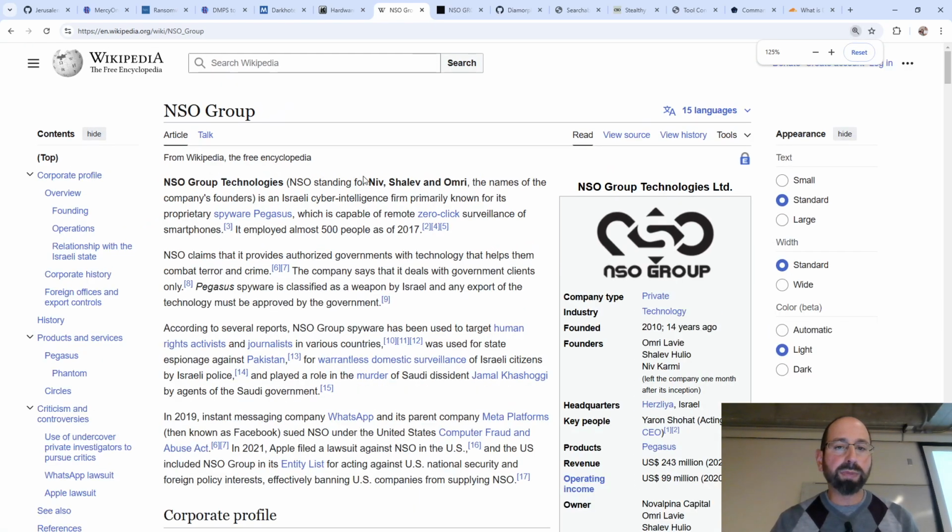What Pegasus is best known for, they've done a couple other things as well, is when you have a locked down Android or iPhone, being able to unlock it for you, or to install spyware ahead of time to capture this particular activity happening on this particular device.